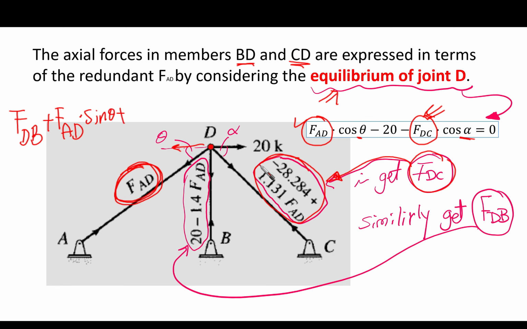Take care that we have this value in terms of FAD, so we put it here: FDC, substituted with FAD, times sine alpha, equal to 0. If you substitute here, you are going to find the FDB that is obtained. You can check it by yourself as a second check.